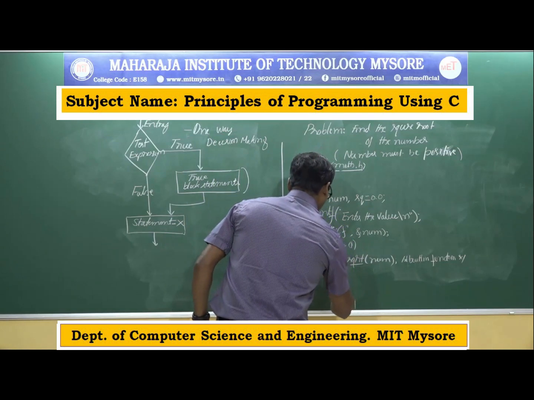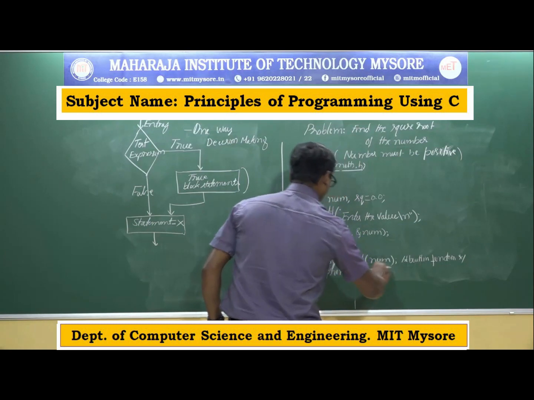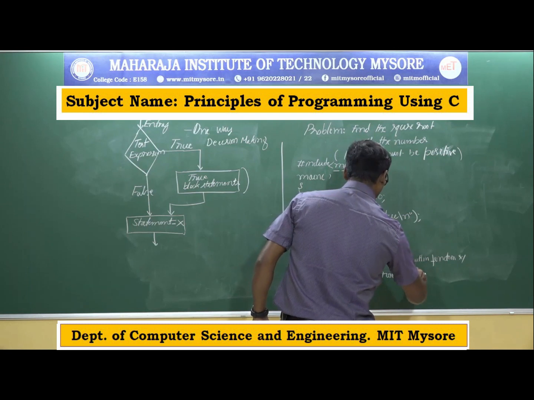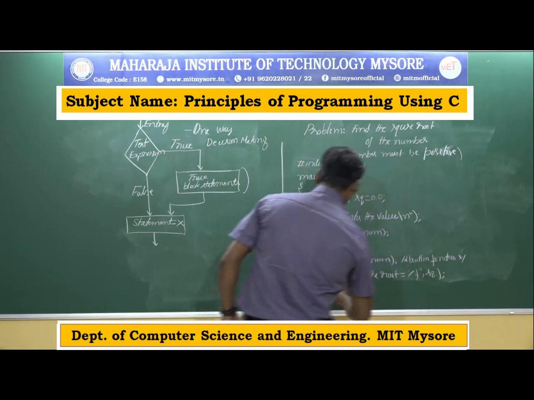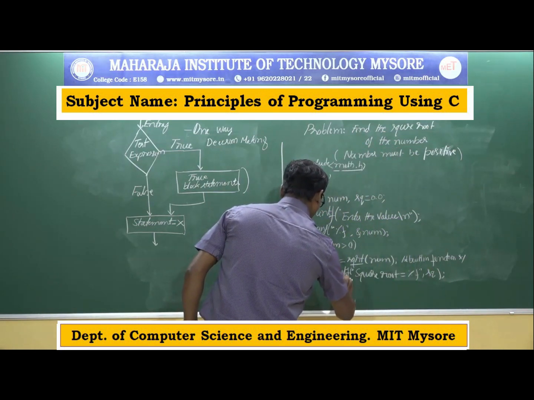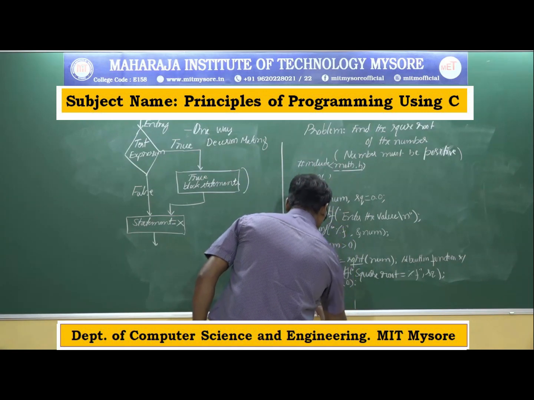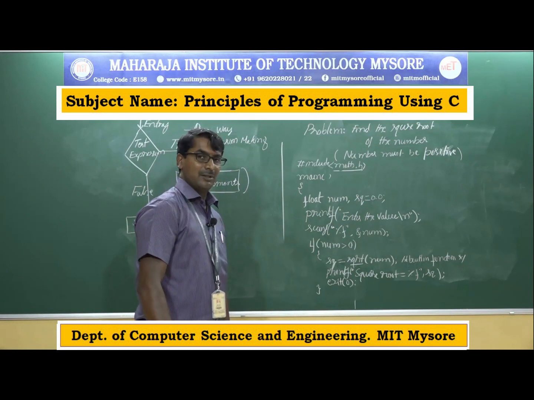Now printf "square root is equal to %f", sq. Then exit, so it will exit from the program.